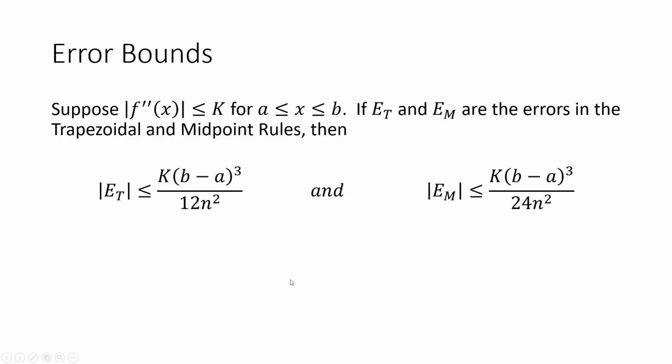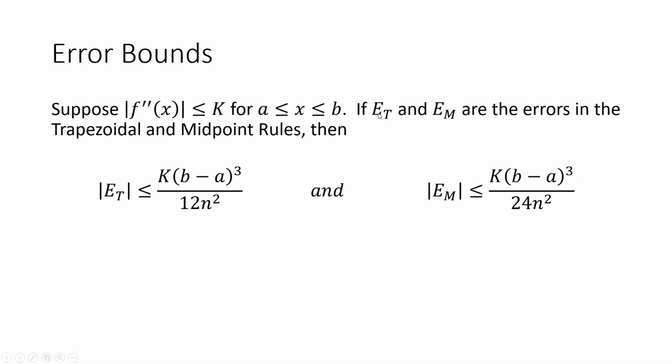And here's a rule that can help you approximate how accurate our midpoint or trapezoidal rule approximations will be. These are going to give us bounds on the error. We start by finding some value of k such that the absolute value of the second derivative of our function is less than or equal to k for all x in our interval a to b.